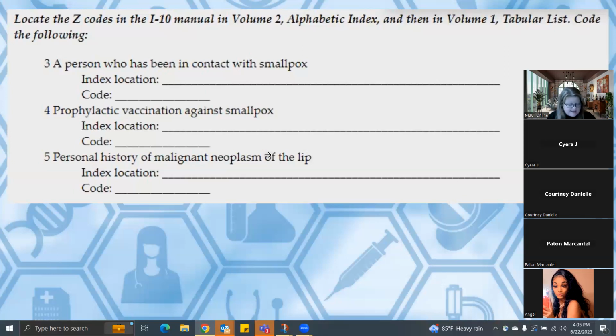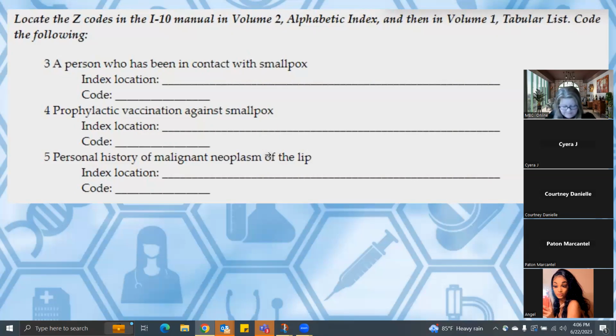If you look up contact, it says with, see also exposure to. Then they go down and start listing all the different kinds of contact and exposures that you can have. The first thing I would do is look for smallpox, because that's the contact he had. So you follow down that first indentation. Smallpox, laboratory, Z20.89. That's where you got, right?